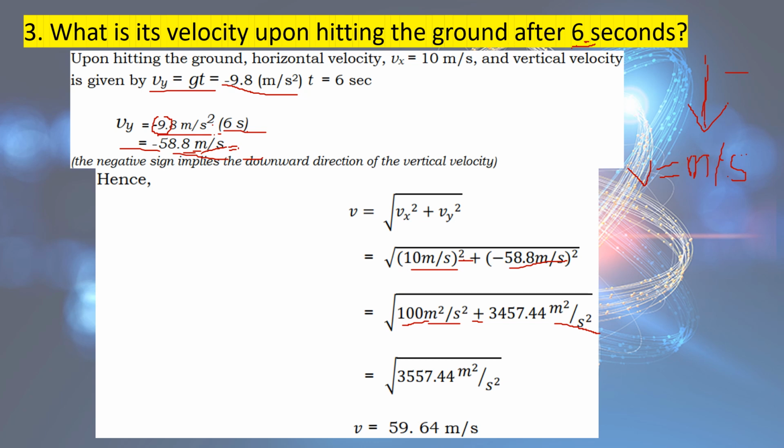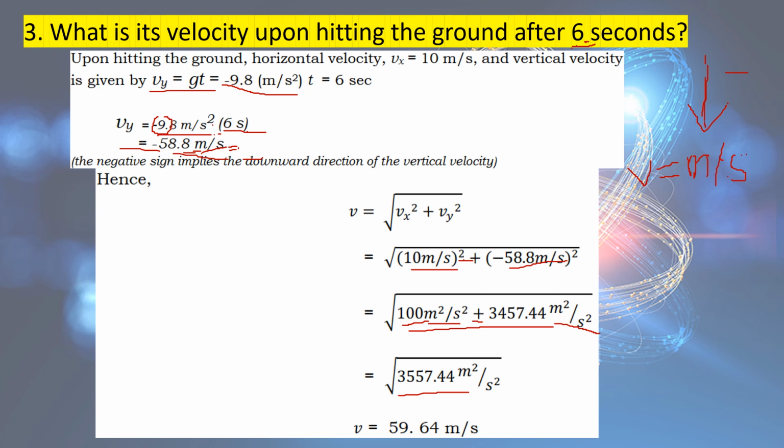Next is to get the sum of these two values, 100 plus 3,457.44. So the answer is 3,557.44. Copy the unit, meter squared per second squared. And the last step is to get the square root of 3,557.44.